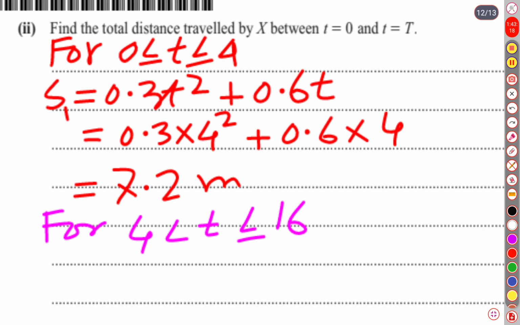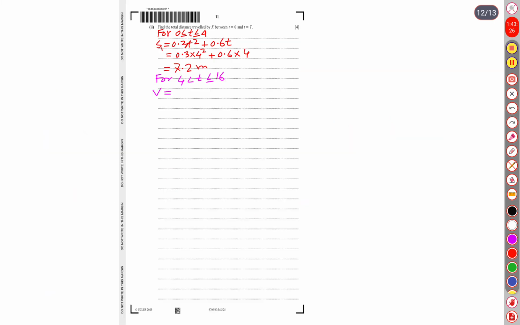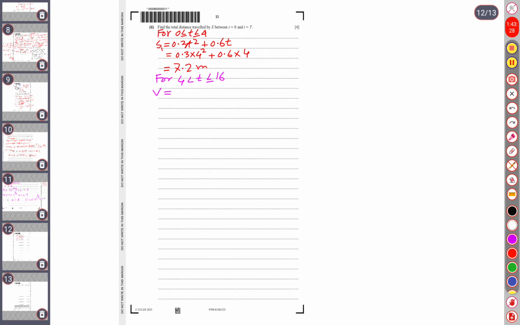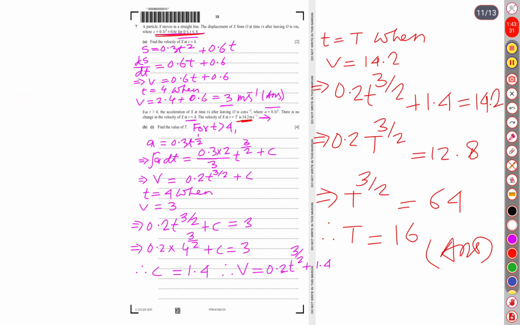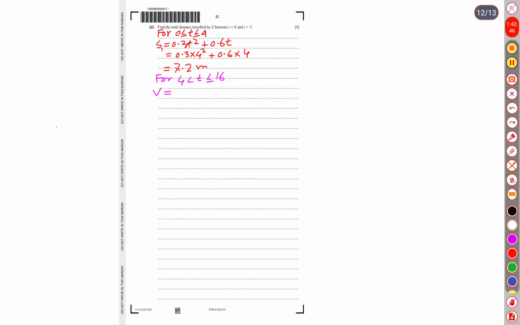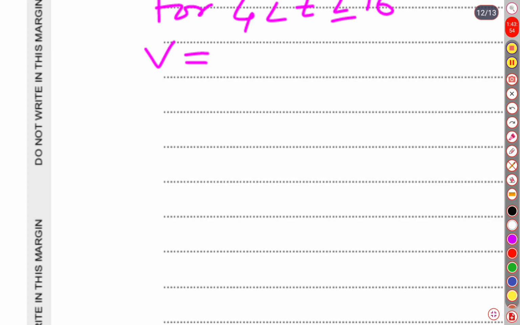We do have v. Look, our expression of velocity for the second phase is 0.2 t raised to 3/2 plus 1.4. So we are just going to copy this.